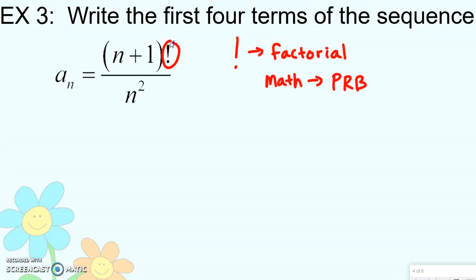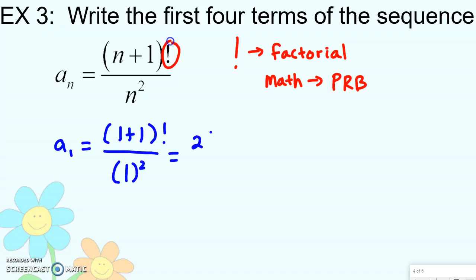Okay, so first 4 terms. 2 factorial would be 2 times 1. And so 2 divided by 1 is 2. So my first term is 2.